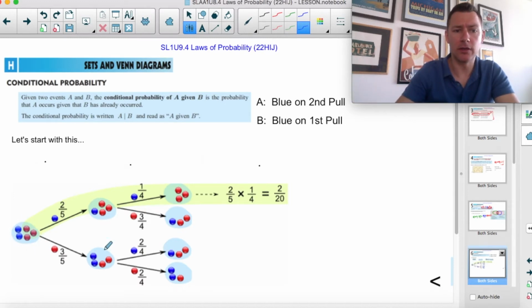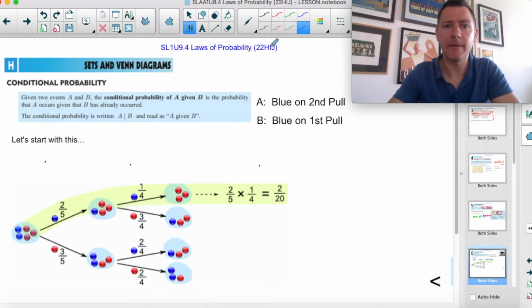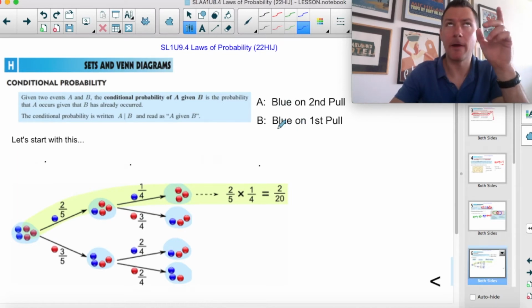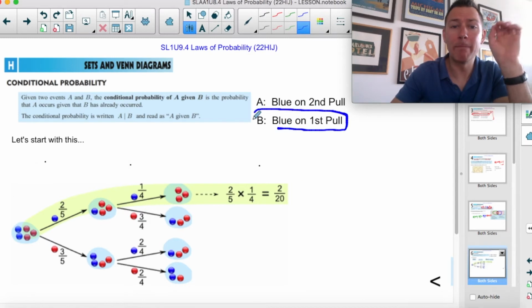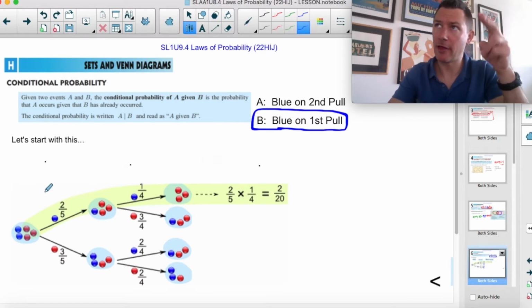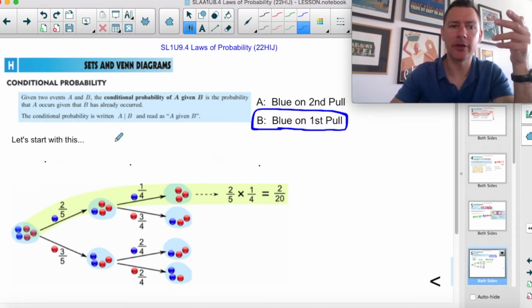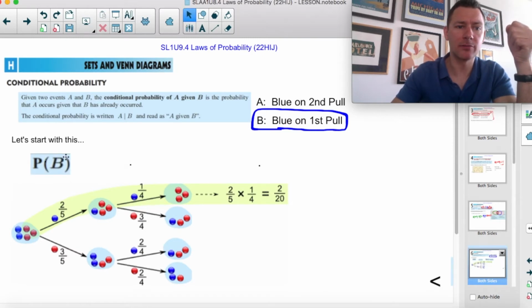So your probability changes. Let's call B the probability of pulling a blue on the first pull. So this is the probability of blue.